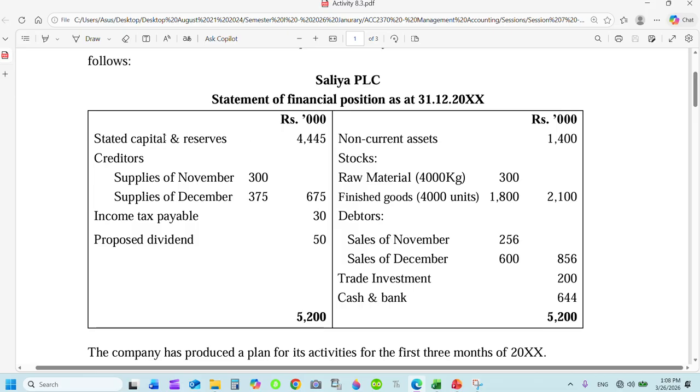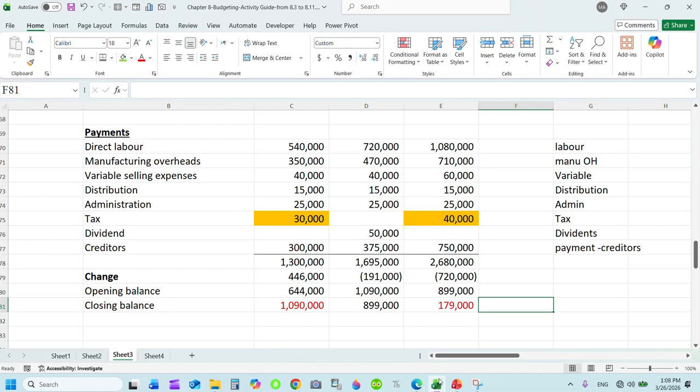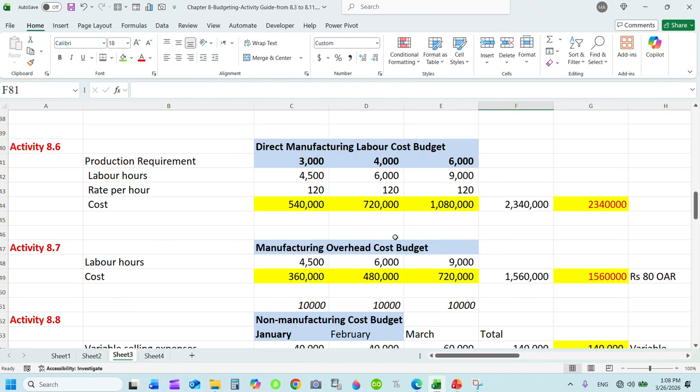This stated capital and reserves will be adjusted for the profit or loss that you are going to generate for the 3 months. These creditors will be replaced by your creditors.